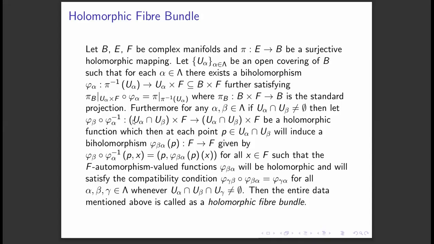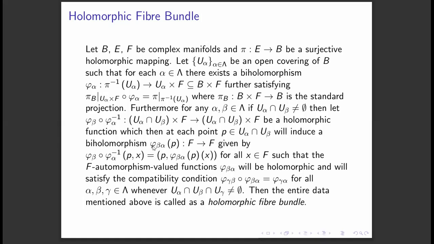But here in the category of complex manifolds, we require these maps to be holomorphic. This is what we mean by a local holomorphic trivialization. So these transition maps are holomorphic, and at every point belonging to the intersection U alpha intersection U beta, it will induce a biholomorphism of this typical fiber F.